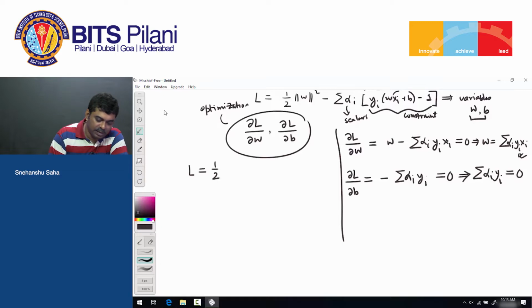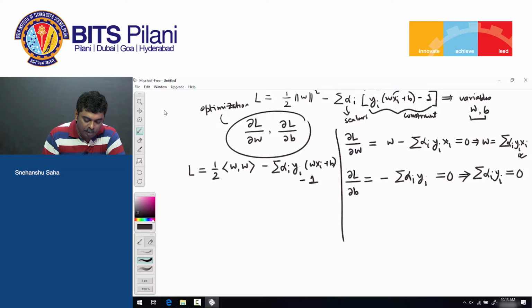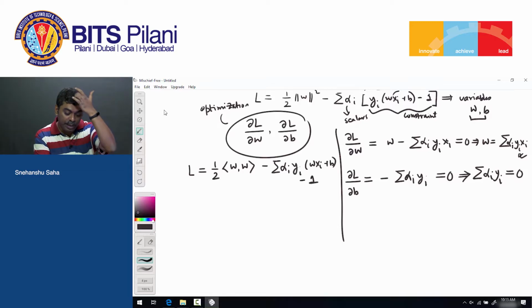It's 1/2, and I know that the norm of w squared is nothing but the inner product of w with itself. Now what we know is that the summation of alpha i yi is 0 and w is nothing but this.